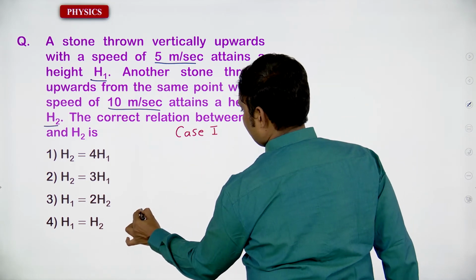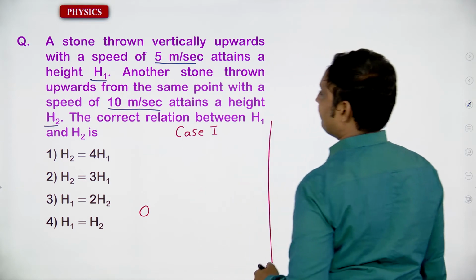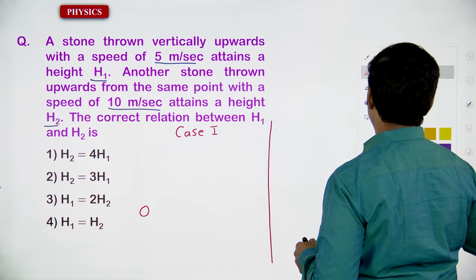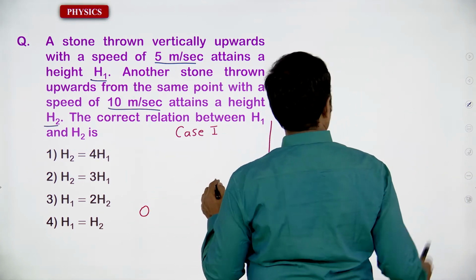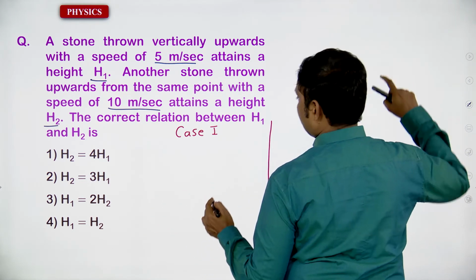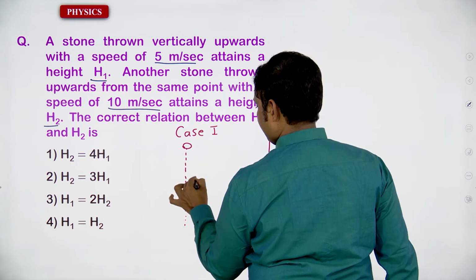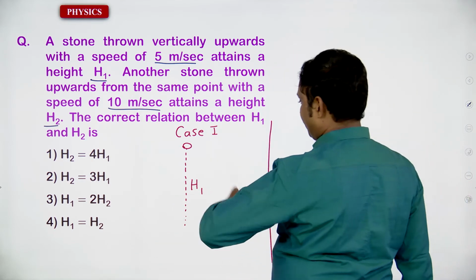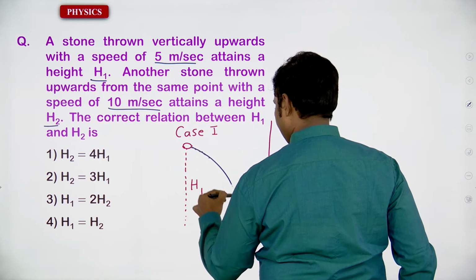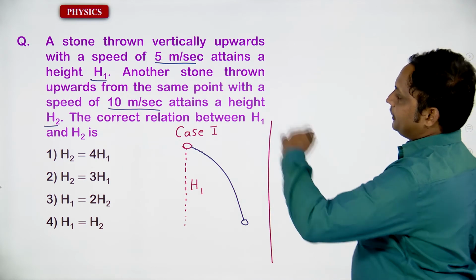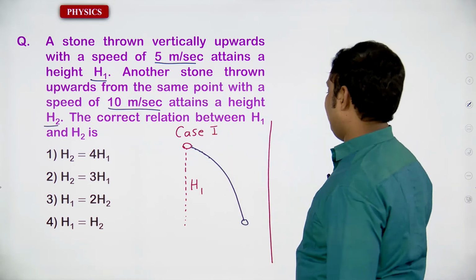A stone which has been projected, thrown vertically upwards, reaches this height, which is going to be H1.